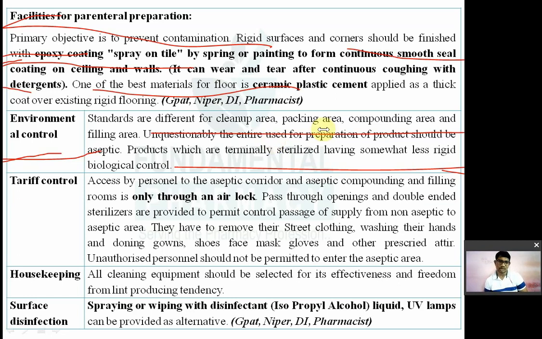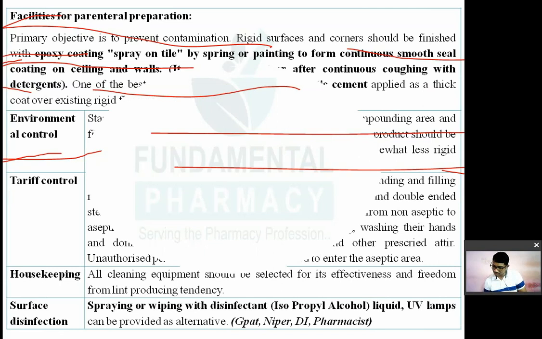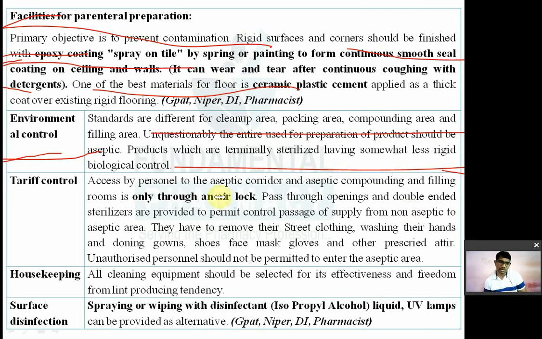Now traffic control. Traffic control means no one can just come and go. So access by personnel to aseptic area. Only those persons who are involved in compounding and filling have access. Only those people are accessible, and their access is through the airlock system.